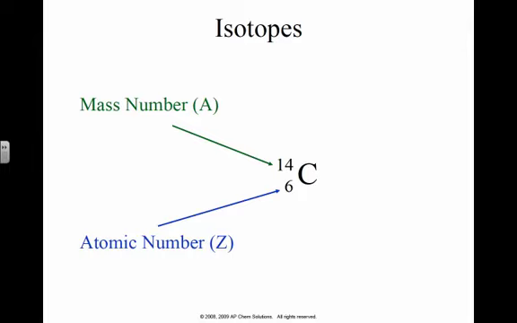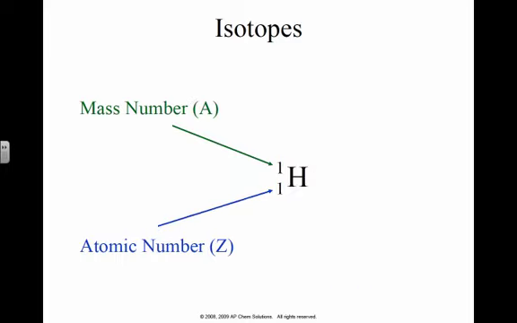This is carbon 14, which would be considered an isotope of carbon. Isotopes are atoms of the same element that have the same number of protons but a different number of neutrons and therefore different mass numbers. This would have 6 protons, 6 electrons, and 8 neutrons.